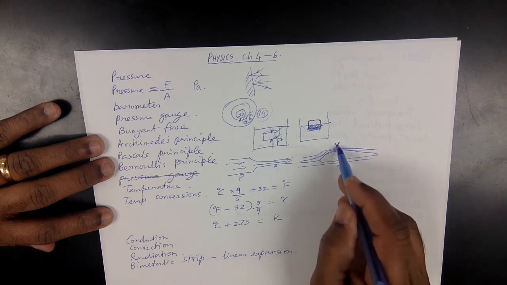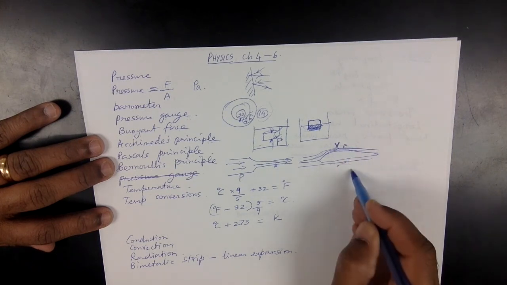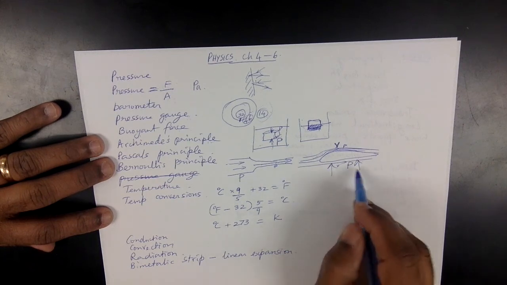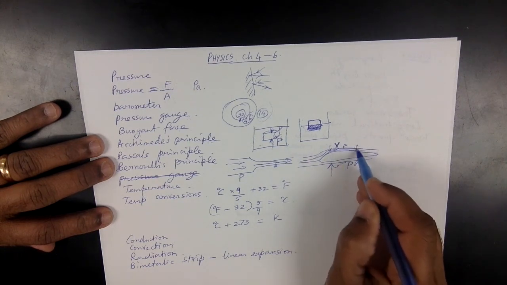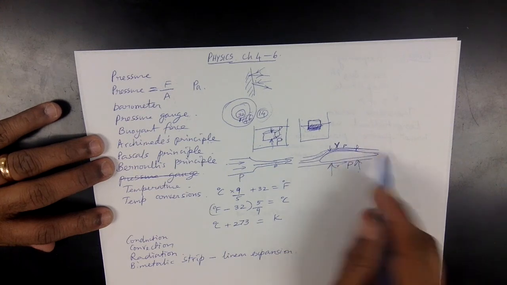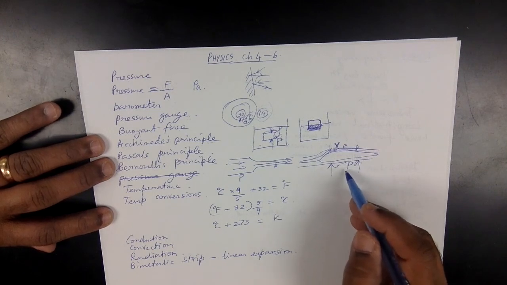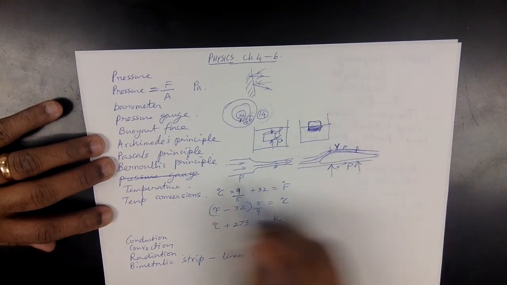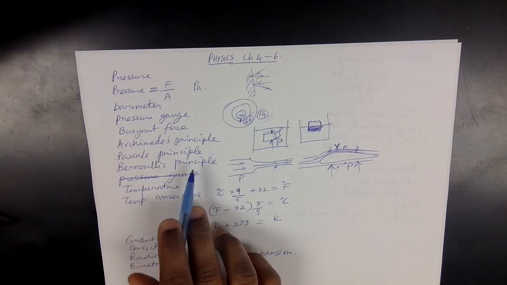Because of the big speed, the pressure is small here and the pressure is big here, so that's why you get the lift. The force exerted downward is smaller than the force exerted from below. So overall you get the plane wing supported, and what supports it is Bernoulli's principle.